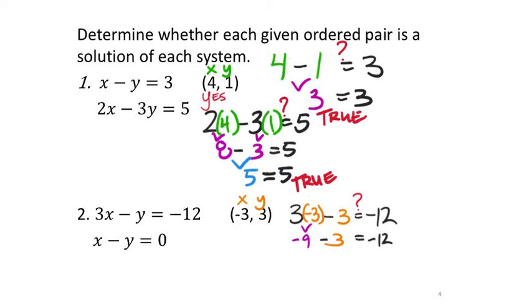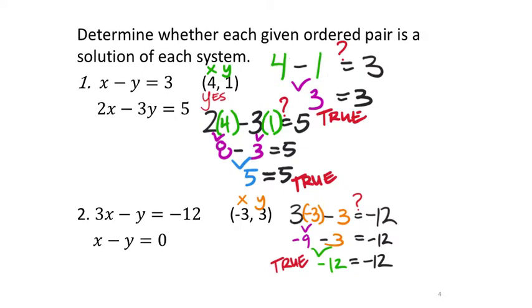As it turns out, negative 9 minus 3 is actually negative 12. So at least the first equation is true for now. If it was false, I'd be done and I would say negative 3, 3 is definitely not the solution to this system. But it's true for one, so I need to check the second one.